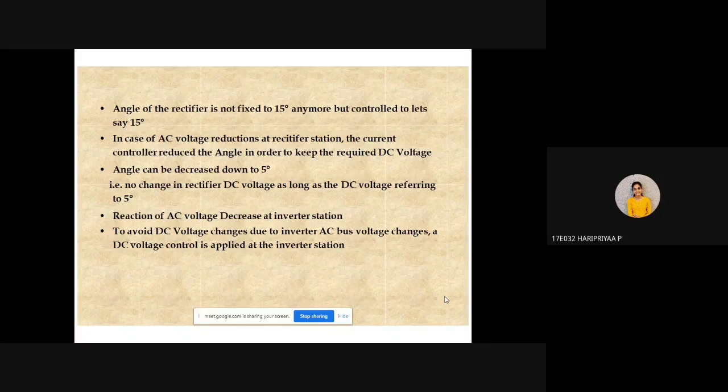Reaction of AC voltage decrease at inverter station. To avoid DC voltage changes due to inverter AC bus voltage changes, a DC voltage control is applied at the inverter station.